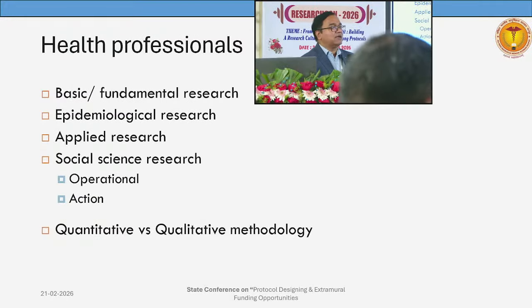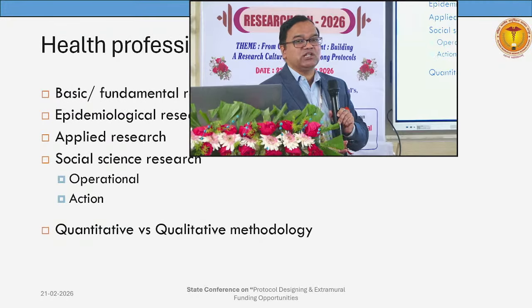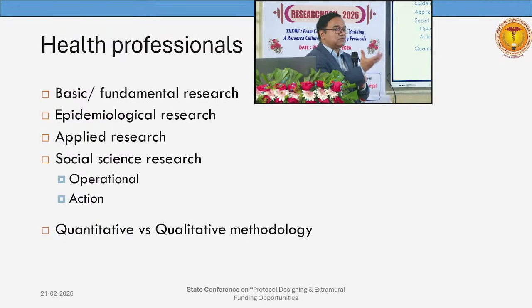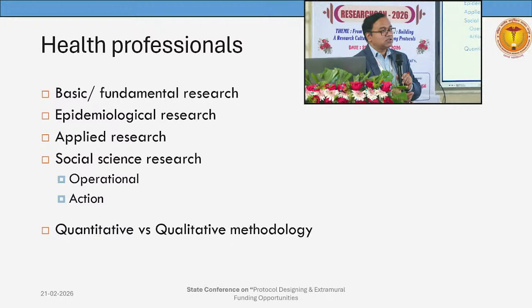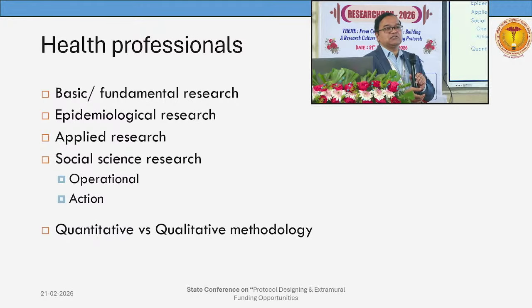We can have applied research or something called translational research, something which is developed in a lab and now tested over the patient's bedside. So that is translational research. We can do social science research like operational research, accident research. Social science research is nothing but certain things which you cannot quantify. Right?